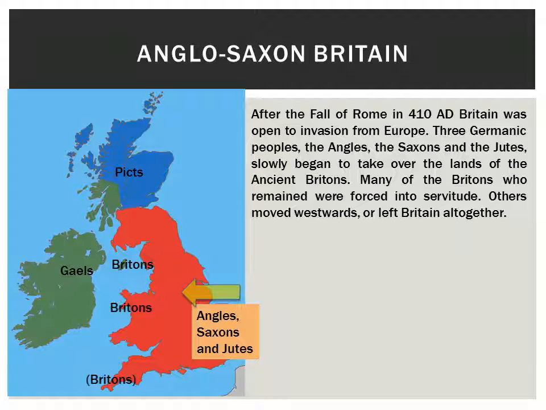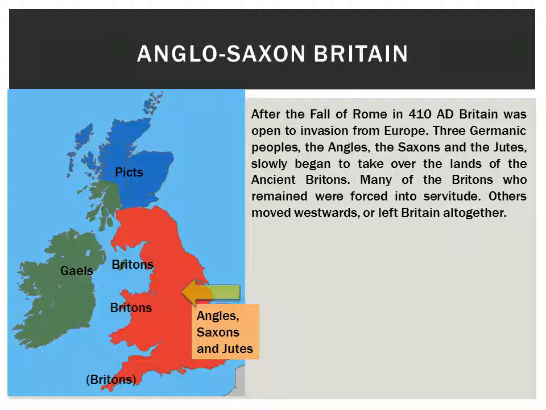Basically, what had happened was that after Rome fell, there was nobody to protect these islands. And so, looking to expand their territory, the Angles, the Saxons and the Jutes, who were Germanic tribes, Teutonic peoples, moved in over the lands, mostly the lands of the ancient Britons in the south here.